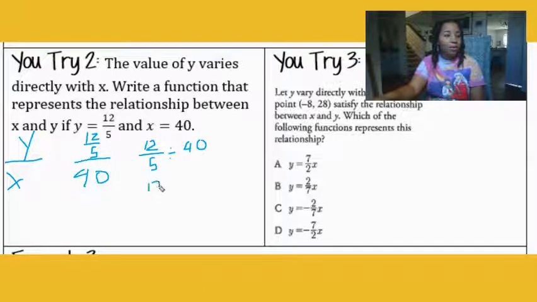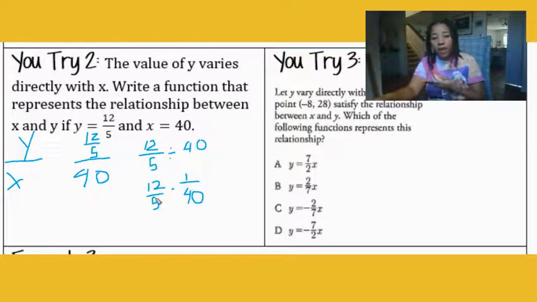So I did 12 over 5. Then I'm multiplying, and then I'm turning this into 1 over 40. Okay. I know both of these have 4 in common. So I know that 4 goes into 12 3 times, and that 4 goes into 40 10 times.